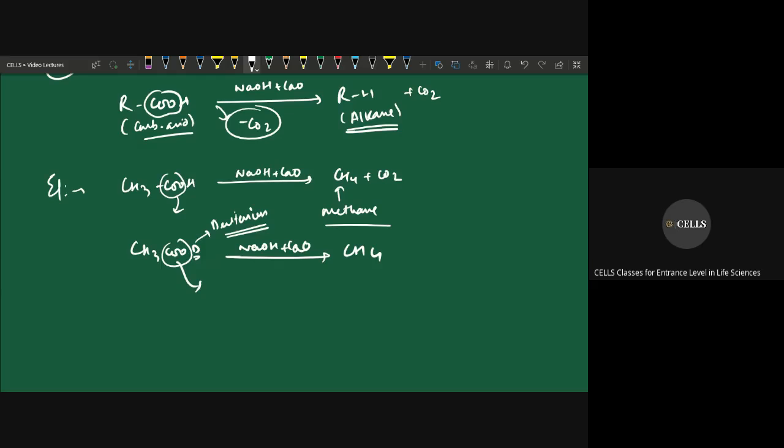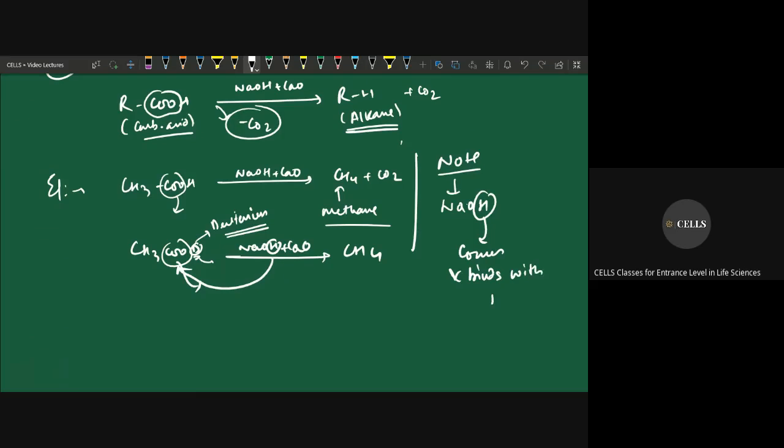What happens is this actually goes out and this H actually comes. Note, the H of NaOH actually comes and binds with the R group. That's an important point.